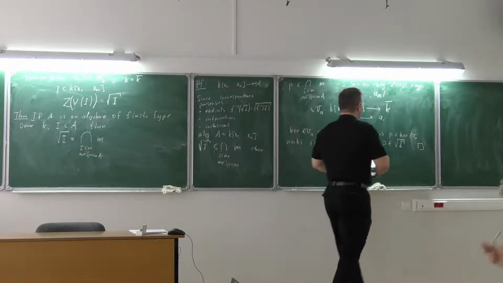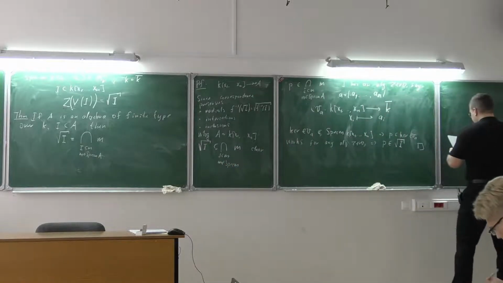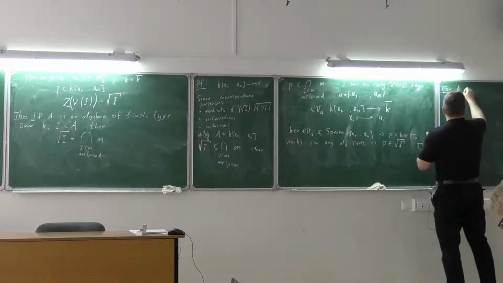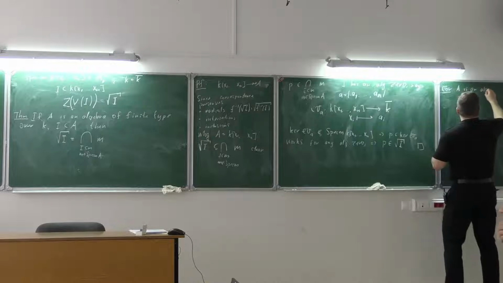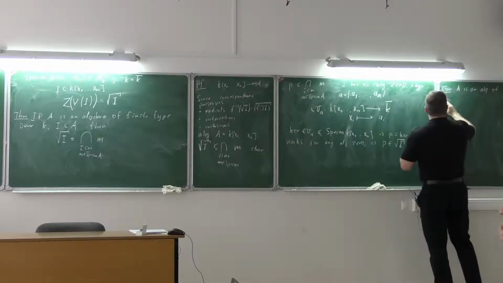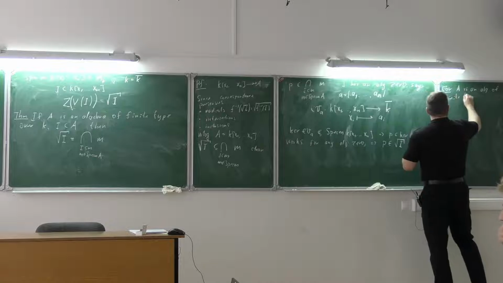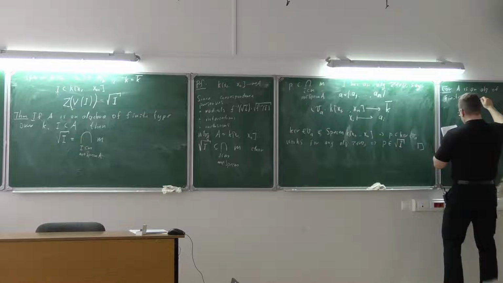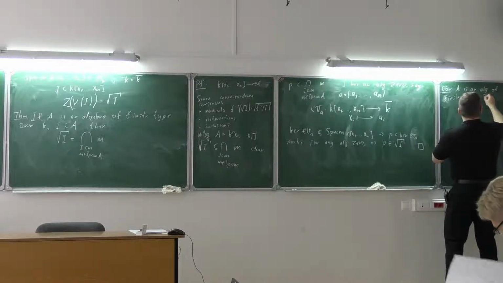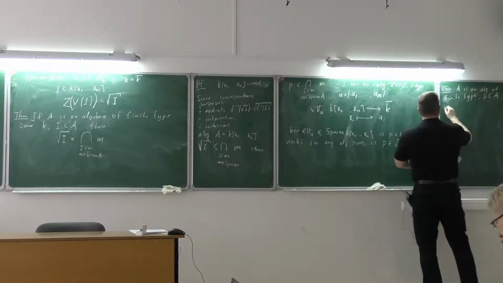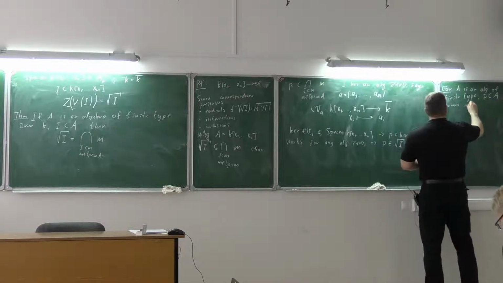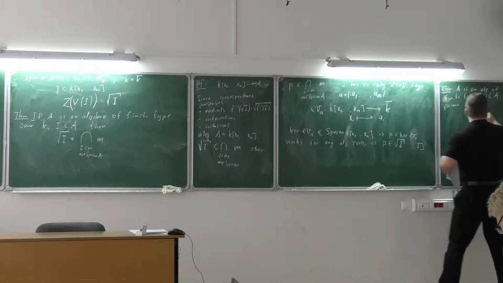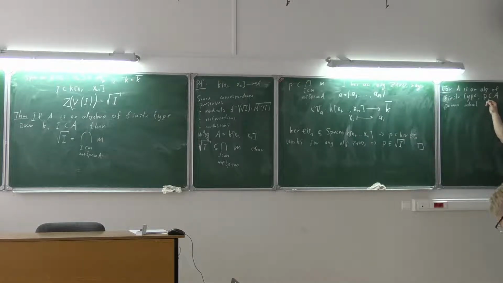Now I have a couple of restatements and a definition. Corollary: A is an algebra of finite type. We consider a prime ideal P in this algebra. For a prime ideal, the radical is the same as the ideal itself.